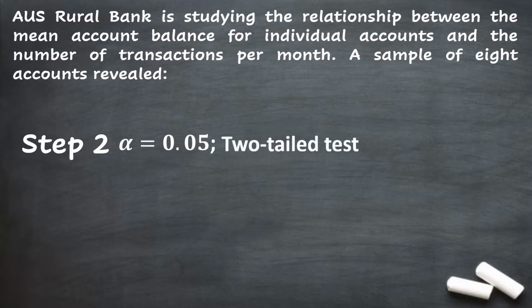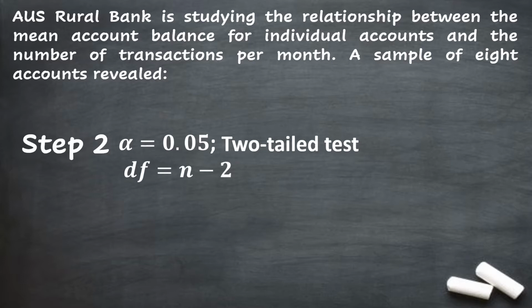The number of tailed tests will be determined with the basis of the mathematical symbol used in the alternative hypothesis. In the alternative hypothesis for this problem, the mathematical symbol used is the not equal sign. So therefore, the number of tailed tests for this problem is 2 tailed tests.